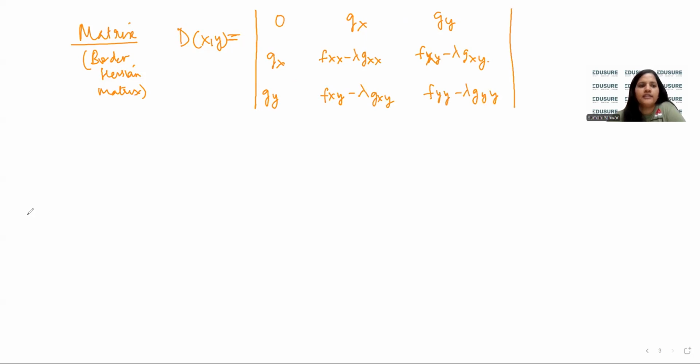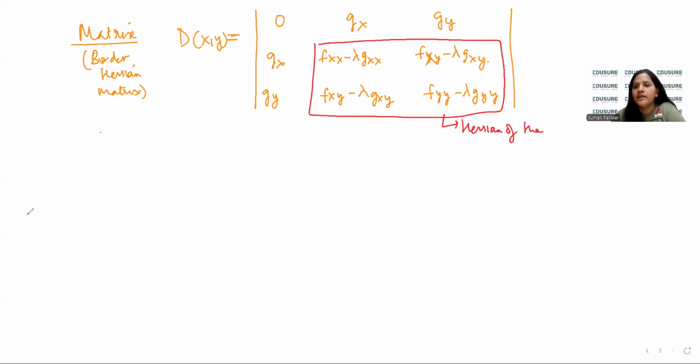Now, if we look at this 2 by 2 matrix or minor, we see that this is the Hessian of the Lagrange's function. What was the Lagrange's function? F of xy minus lambda times g of xy minus c.